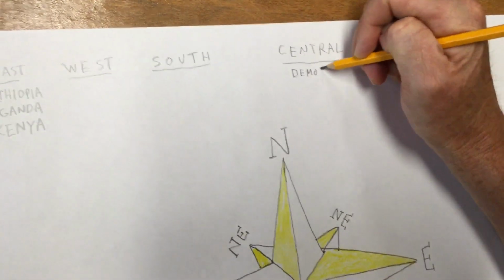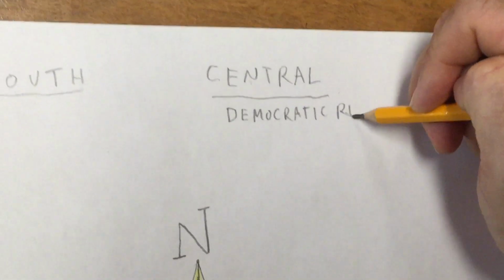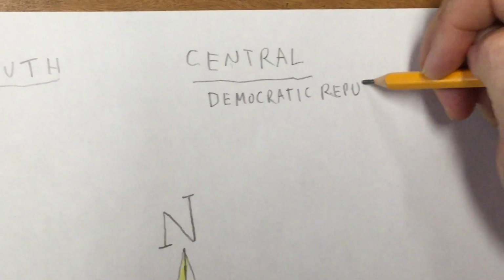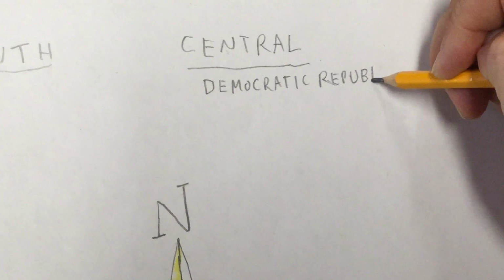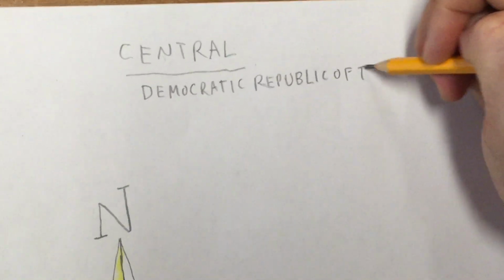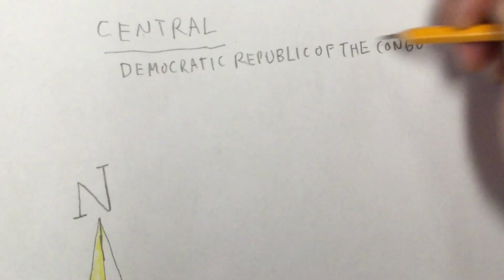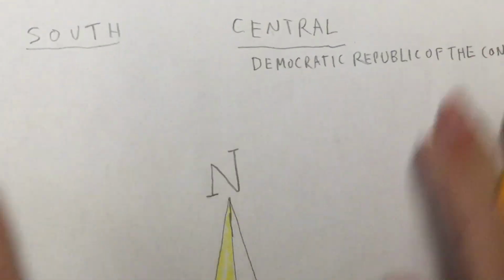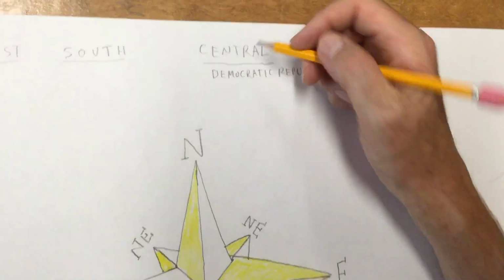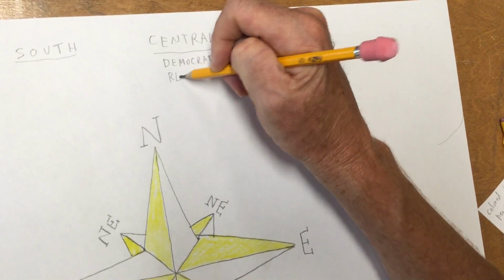Democratic Republic of... It's a long name. Luckily we've got plenty of room here. Try to space your columns out so you have room for some of these longer names. And then we've got the Republic of the Congo too.